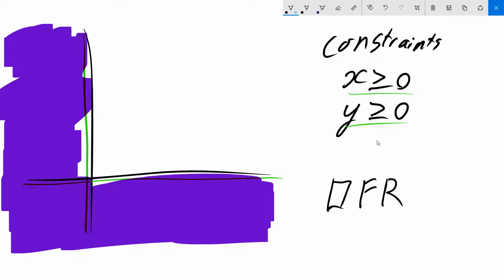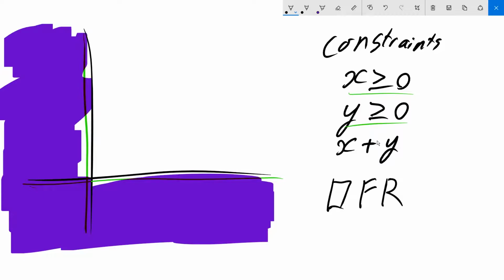So imagine that you worked for a paint company, and there were two types of paints, paint type X and paint type Y, and there was a maximum amount of paint that you could ship in a week, for example.